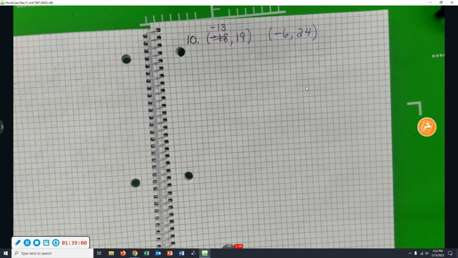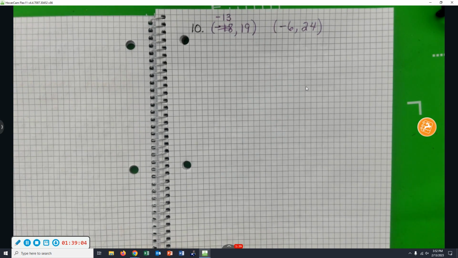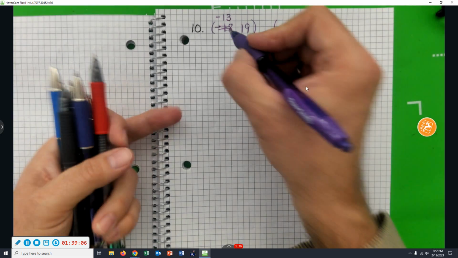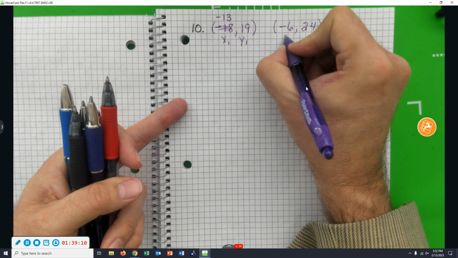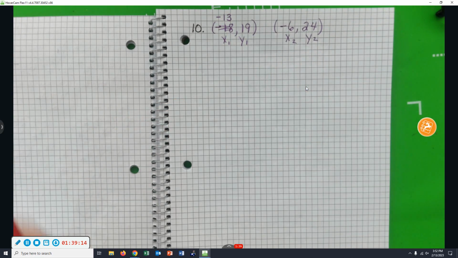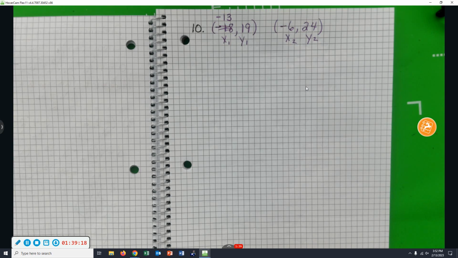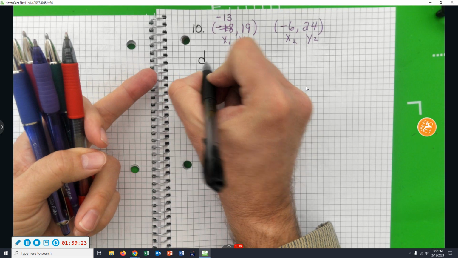So I wanted to end up with a nice, neatly worked problem, and right off I've messed it up. Okay, first X, first Y, second X, second Y. I always like to label X1, Y1, X2, Y2. Now let me write down that formula.